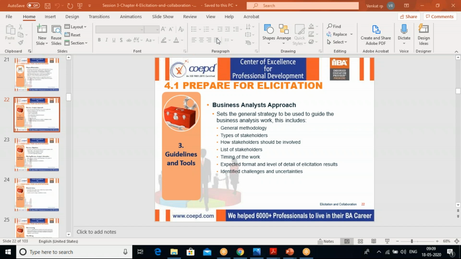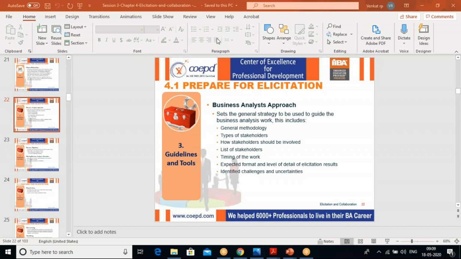And existing business analysis information means previous experiences we can bring in here, and the value which we can make. Value means because of preparing for this elicitation, what value we are going to create. Here we have to come up with a KPI so that it becomes easy for us.